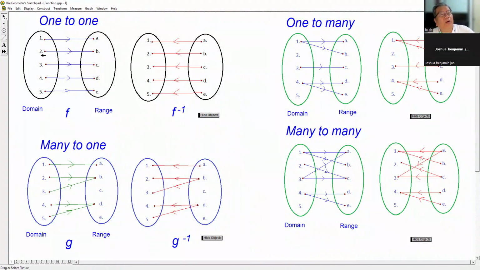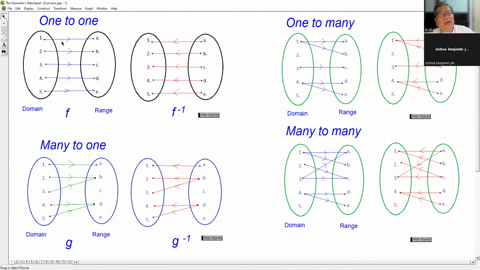Now, before I carry on, all the numbers in the first set here, they all have only one answer in this set.